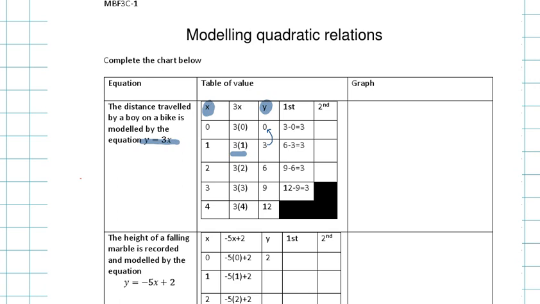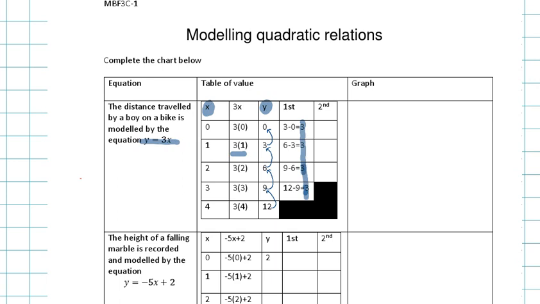Are we okay with that? After I've done this, I take the lower y value and subtract it from the one right on top of it. So 6 minus 3 is 3. 9 minus 6 is 3. 12 minus 9 is 3. What you see here is that the first difference is constant. Constant means the same. So the first difference for all the answers is 3.